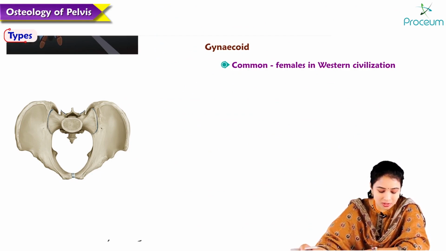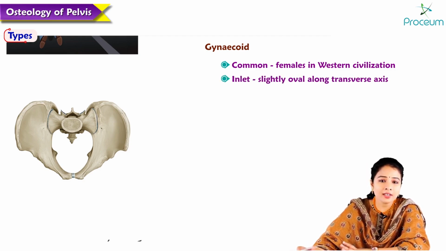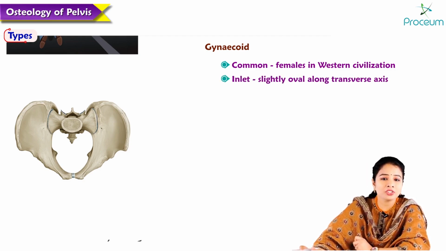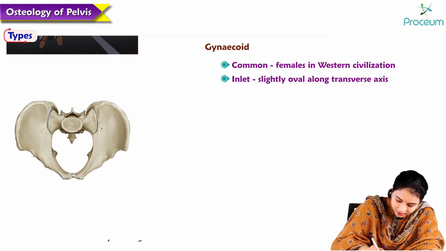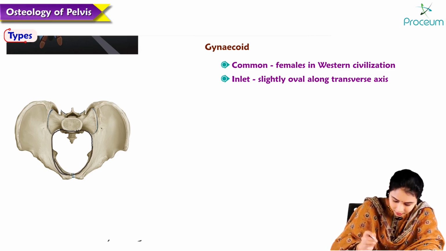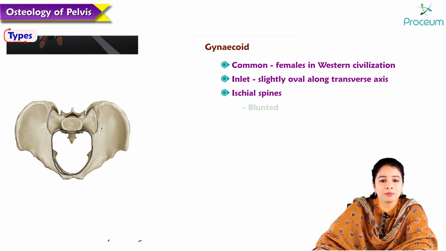So here in this image we can see a gynecoid pelvis where the inlet is slightly oval in shape along the transverse axis. So we can see the inlet is almost oval-like along the transverse axis, and the ischial spines are blunt and do not protrude into the cavity.